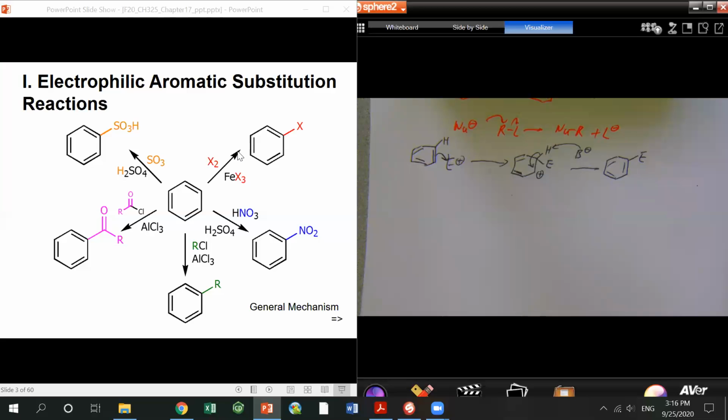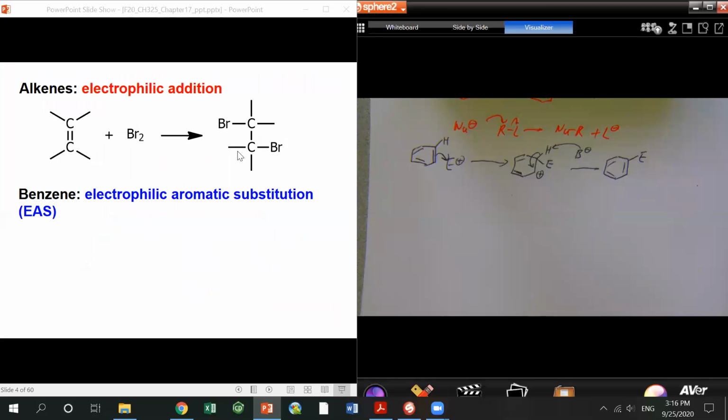Before we study these EAS reactions, we first understand why benzene has different reactions from alkene. Alkene, which we just learned in chapter 11, undergoes electrophilic addition reactions.